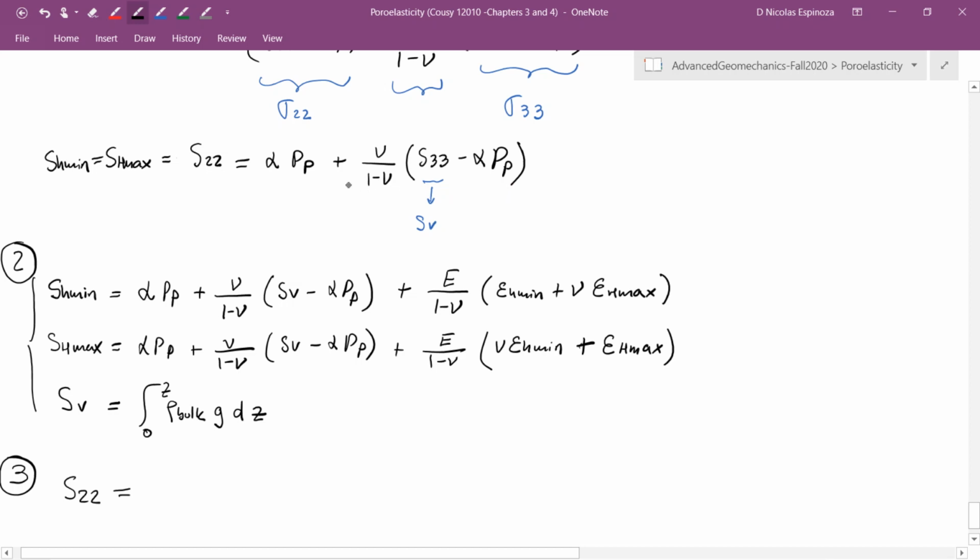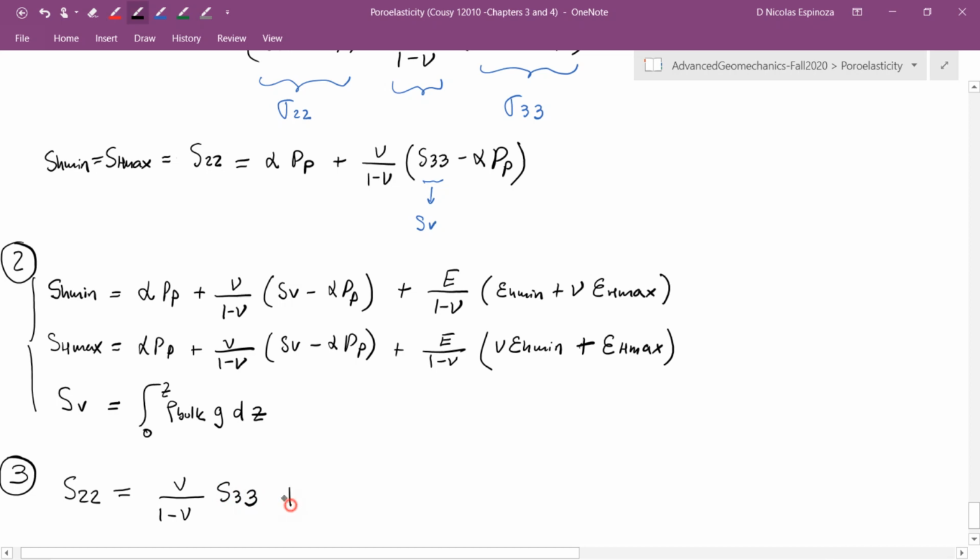But now let me put the two terms of the pore pressure together. So the term of the total vertical stress is going to be this one. Let me delete the parentheses. We don't need the parentheses here.